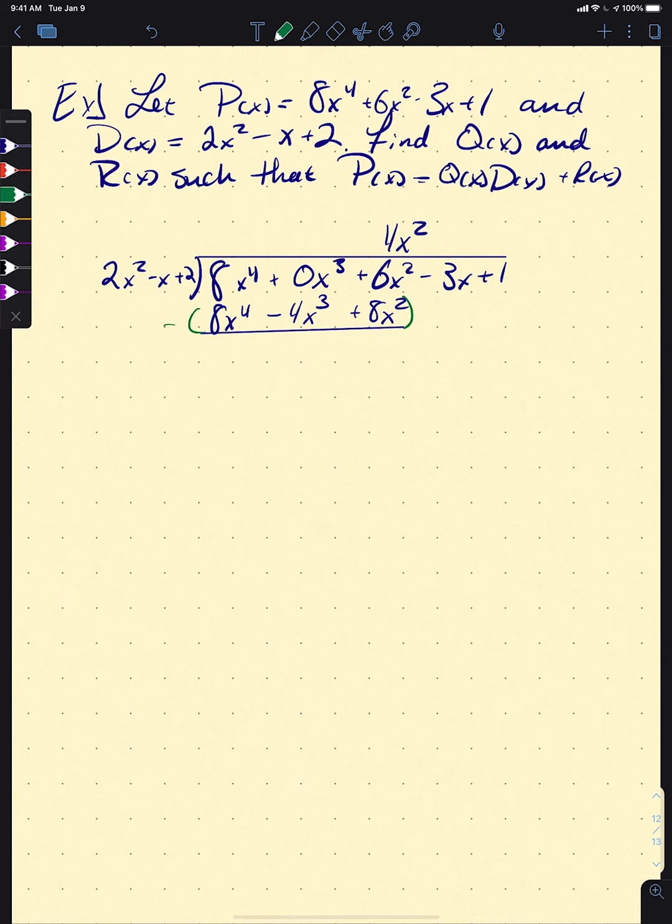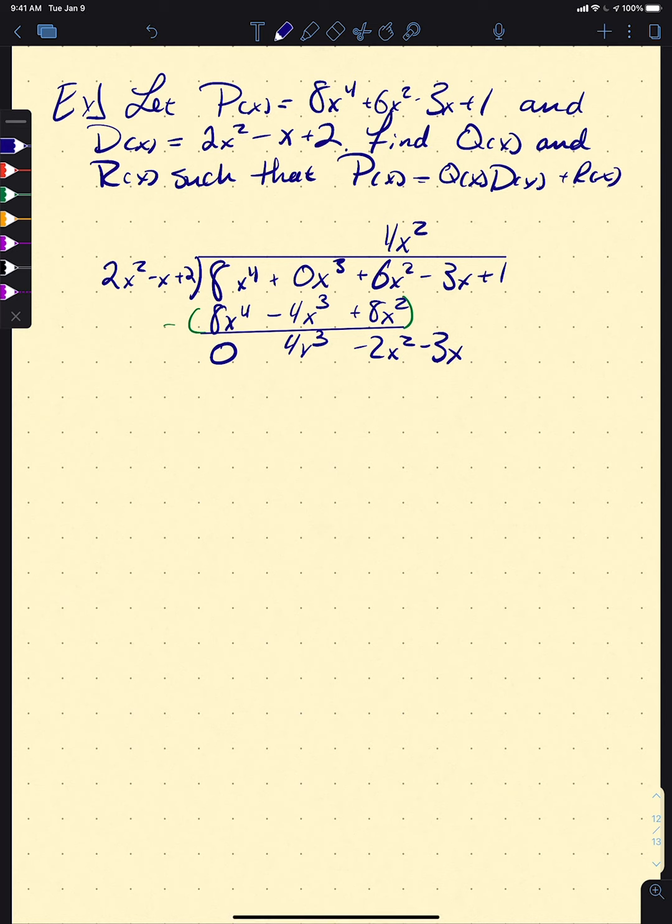Now we're going to subtract these two. 8x to the fourth minus 8x to the fourth is 0. 0x cubed plus 4x cubed is going to be 4x cubed. And 6x squared minus 8x squared is going to come out to minus 2x squared. Now let's drop down this 3x and keep going.